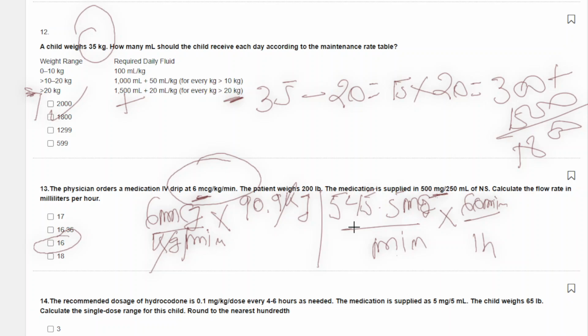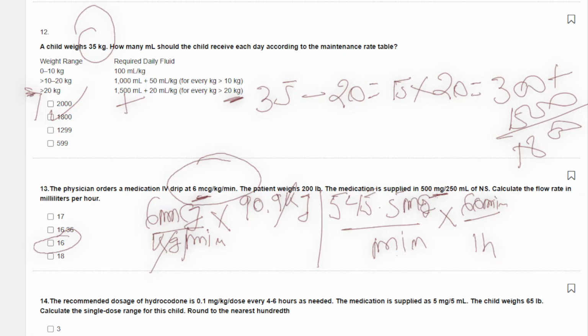So step number 3, you take whatever you get on your calculator and multiply that by quantity. Your quantity is 250. And divide that by available. The available is in milligram, it has to be in microgram. Divide that by 500,000. And once you do that, your answer is going to be 16.